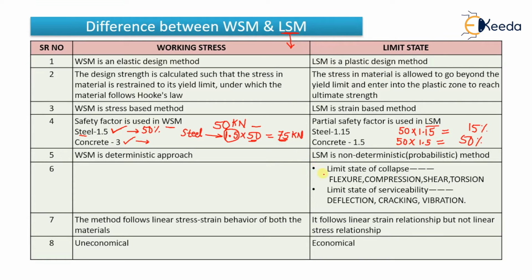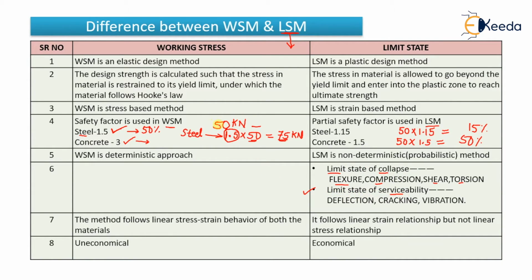In that video I told you what is limit state of collapse, what is limit state of serviceability, flexure, compression, torsion, and why we take these criteria. Limit state of collapse is also known as limit state of strength. And we have another type of limit state, that is limit state of serviceability.